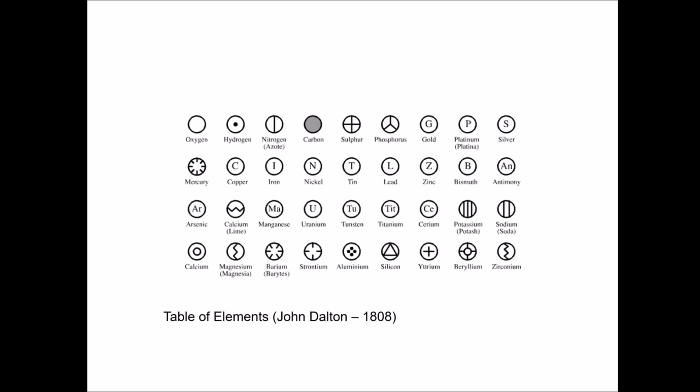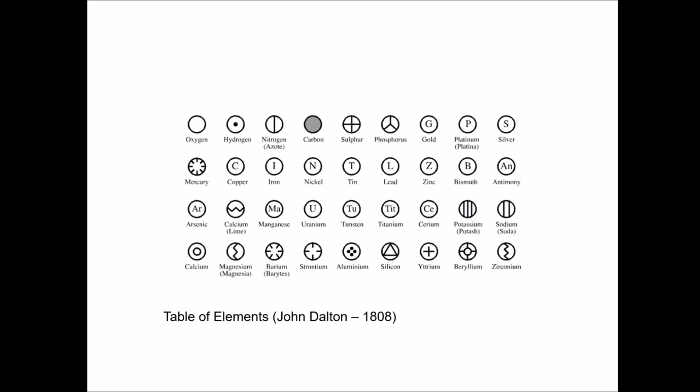So if we kind of fast forward just a little bit and we get to talking about John Dalton. You remember John Dalton. He came up with the atomic theory. That's the listing of how atoms work. He was one of the early famous chemists. And one of the things that he did is he started to write down all of the elements, the simplest substances that we could find that couldn't be broken down any further.